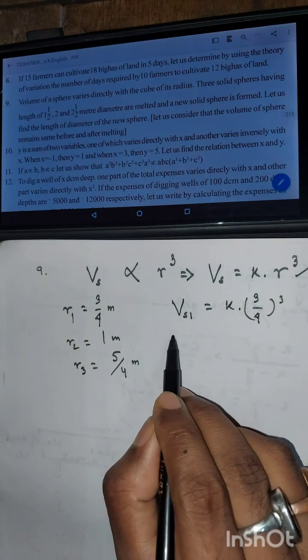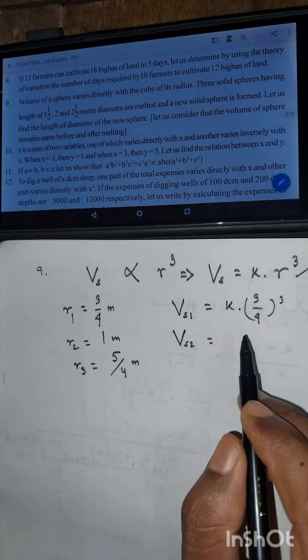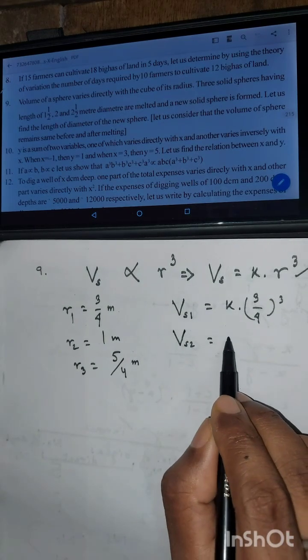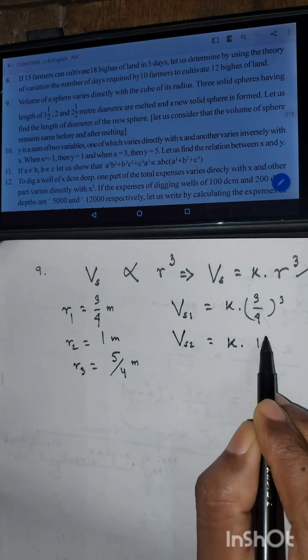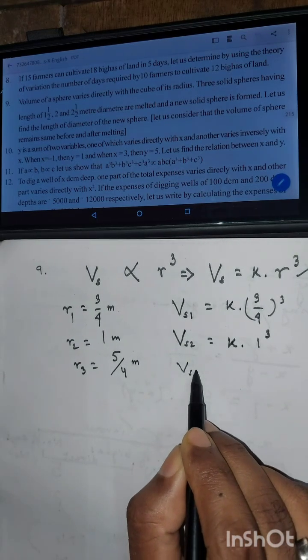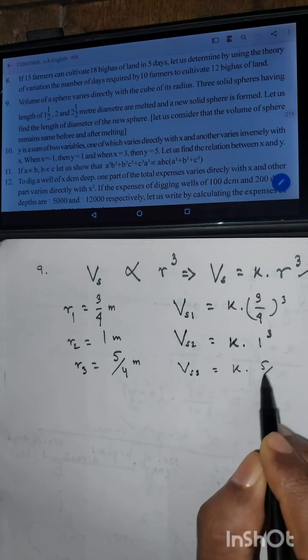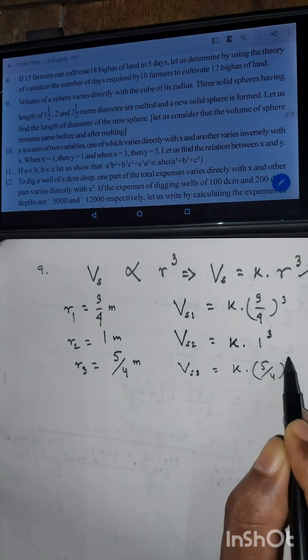And for second sphere, volume of sphere 2 is k into 1 cube. Volume of third sphere is k into 5/4 cube.